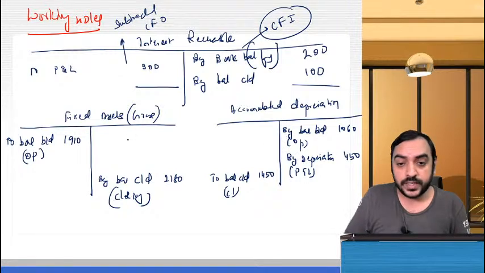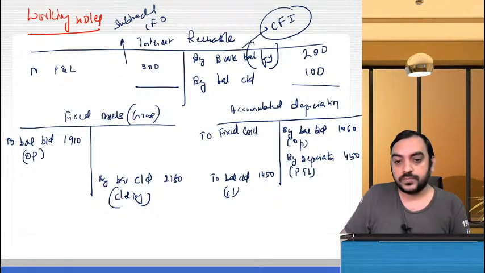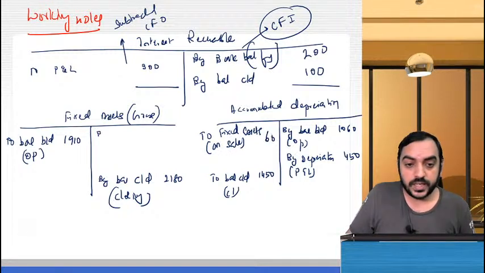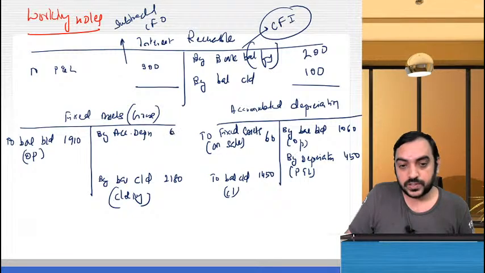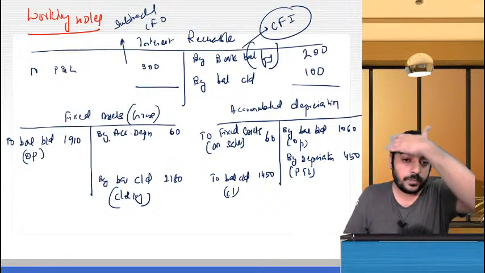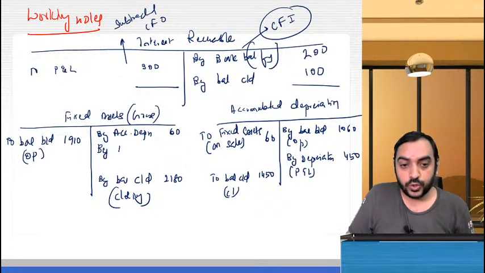So here I'm going to write to fixed assets on sale, 60. By accumulated depreciation, 60. By bank, sold, no? So by bank 20.